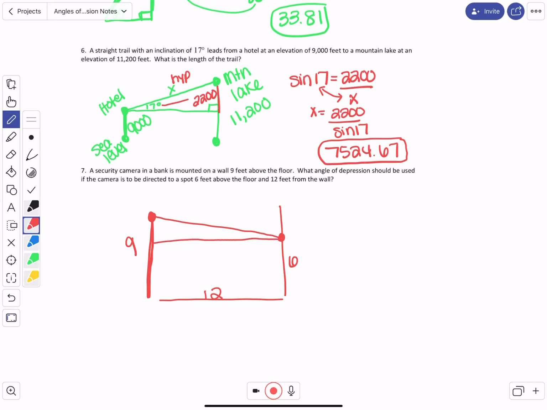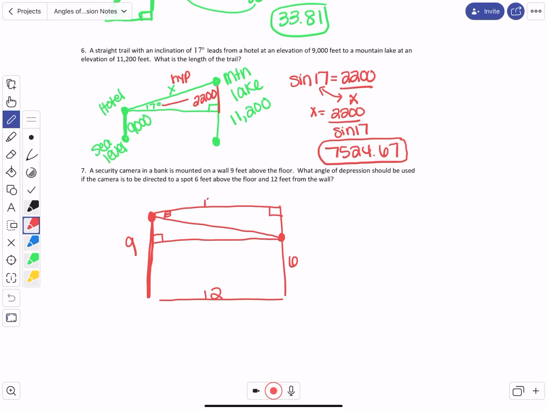We're making our triangle here, and if I connect here, I'm making another triangle. The angle of depression is what we don't know, so we'll call it beta. That's the angle of depression because it's the angle going down.